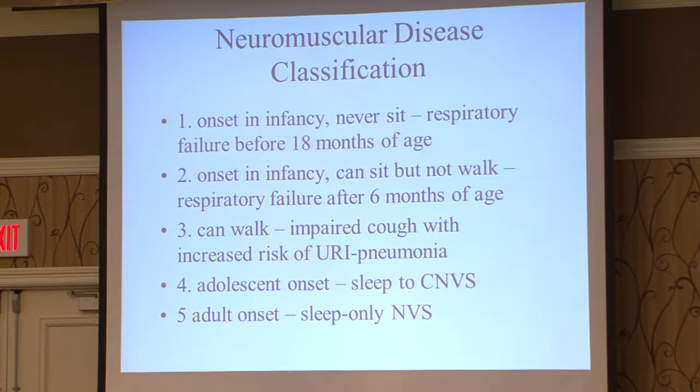Now, in each of these classifications, you have to be aware of different risks for respiratory management. For example, in the most severe type, the children become continuously respirator dependent before 5 months of age. However, they don't need tracheostomy tubes. They can be managed non-invasively. In the type 2 situation where a child can actually sit independently, they usually can breathe all right.